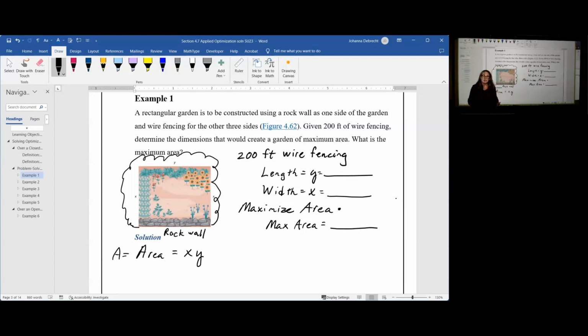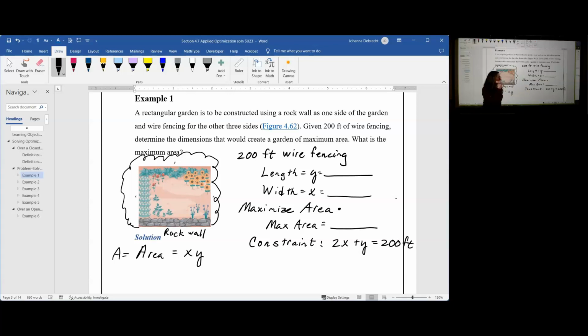If I use less than 200 feet, I'm not maximizing the area. So my constraint equation is given by the perimeter of the three sides where I use wire: 2x plus y equals 200 feet.